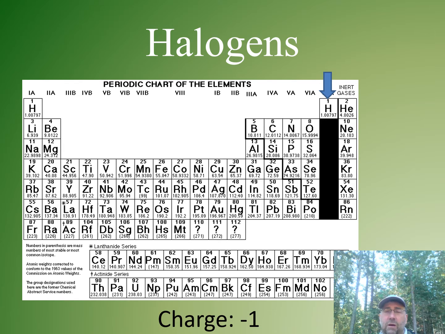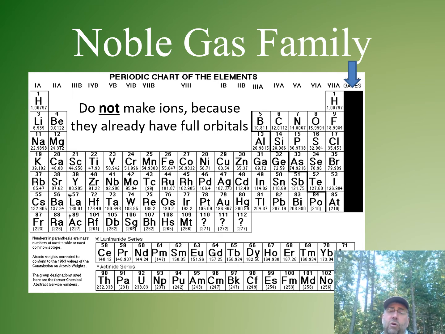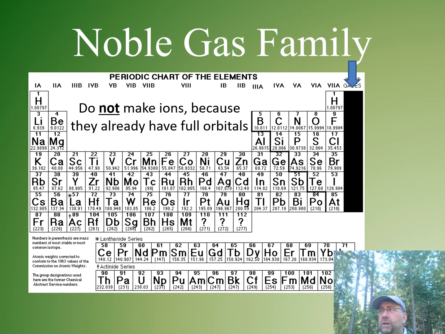Gain 1 more electron, you get to 8. And the noble gas family does not make ions. They already have full orbitals, so they're not going to gain or lose electrons. So as we look through the trend, it's quite easy to follow: plus 1, plus 2, plus 3, plus or minus 4, then negative 3, negative 2, negative 1, 0.